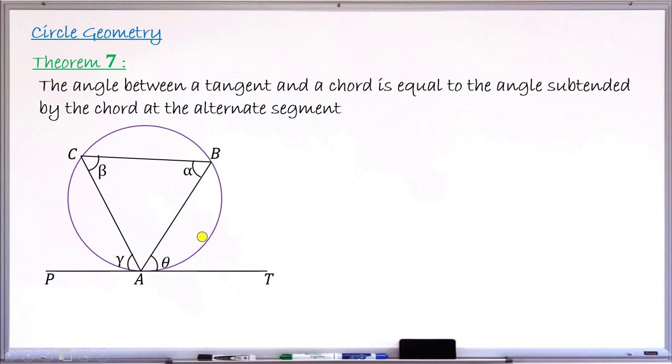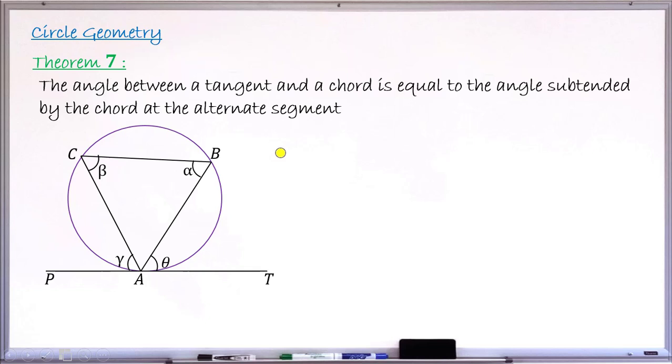So in this drawing, I have angle theta as the angle between chord AB and the tangent AT. And I also have angle gamma here. You can see it here as the angle between chord AC and the tangent AP.